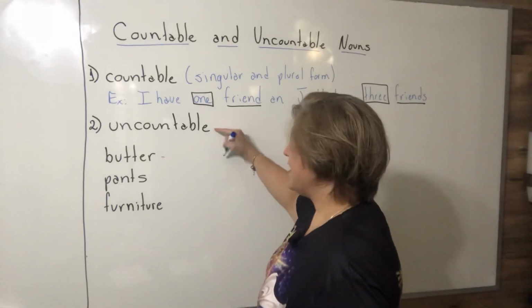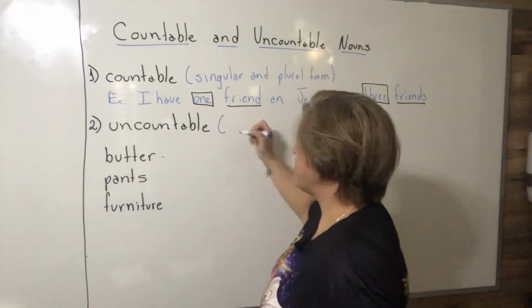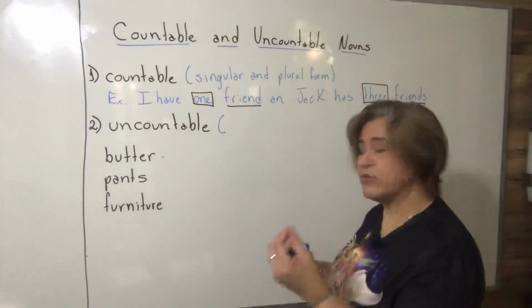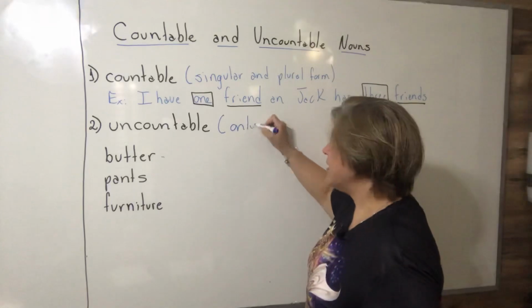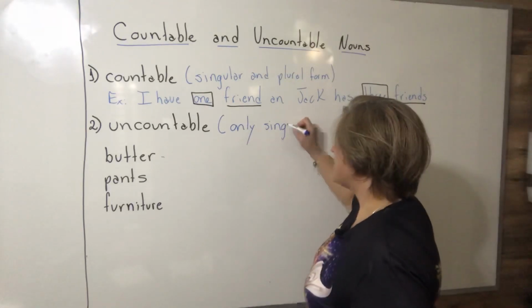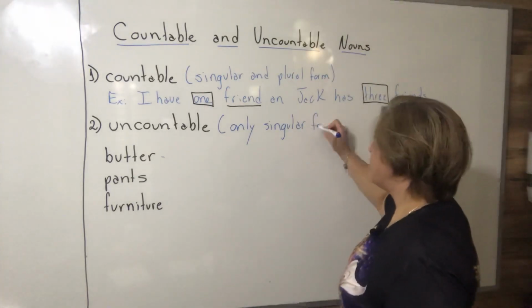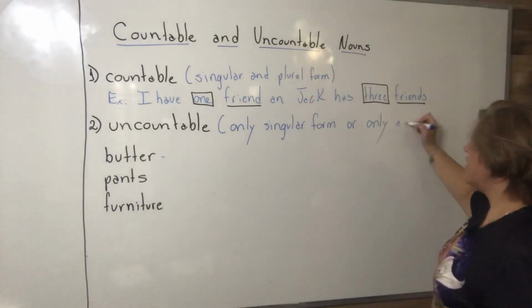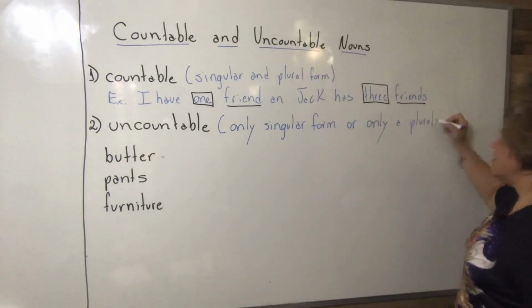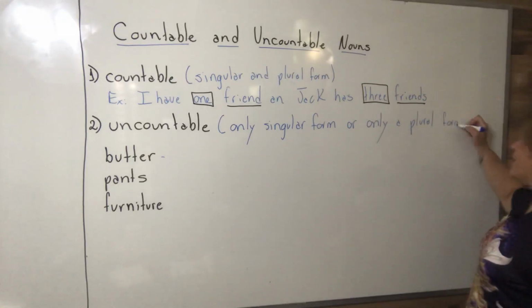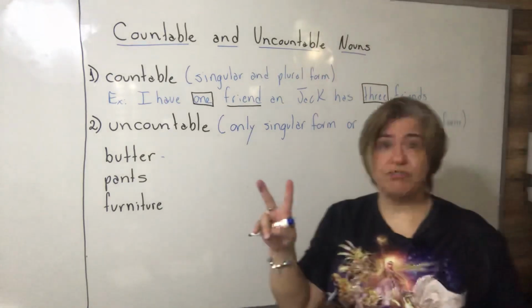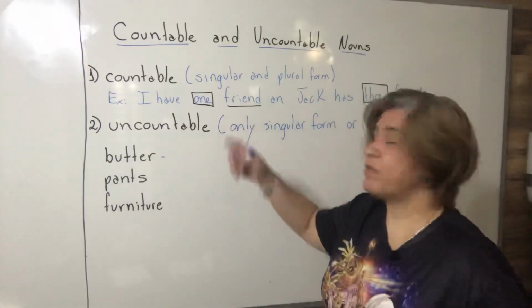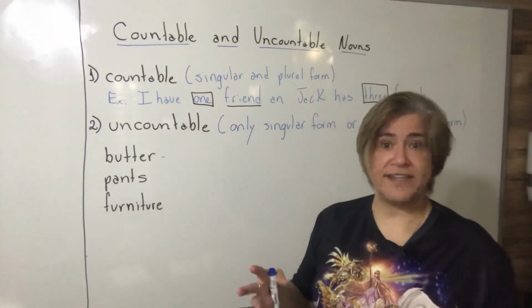In other words, I like to say that uncountable is a noun that has only a singular form or only a plural form, but not the two. The two, like the example of 1 friend, 4 friends.